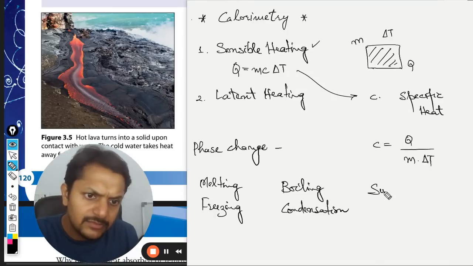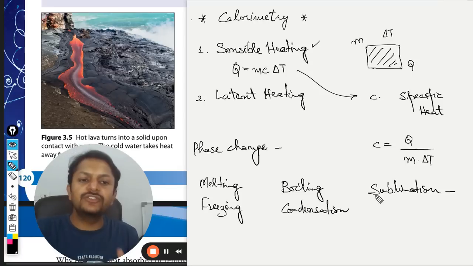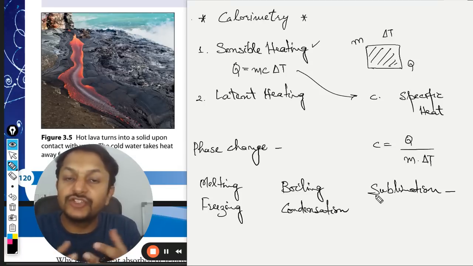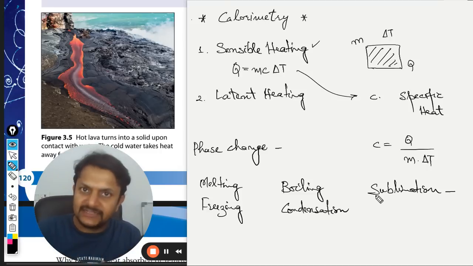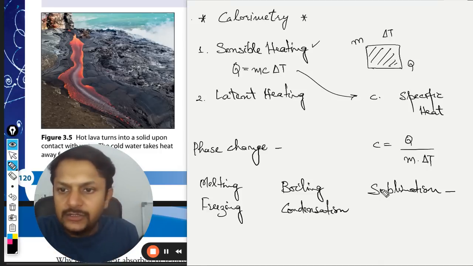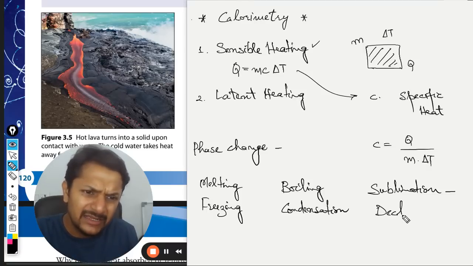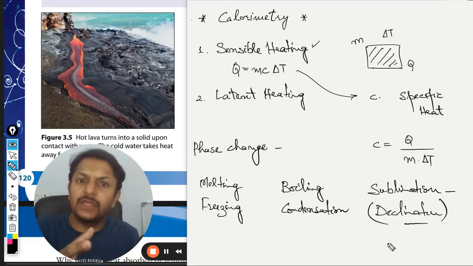Then there is something called sublimation, when a solid is directly converted into gas. And then there is a reverse process also. I don't know what it is known as, deposition or something. I'm not sure about this word, because in my country, in my books, we use a different name for it.